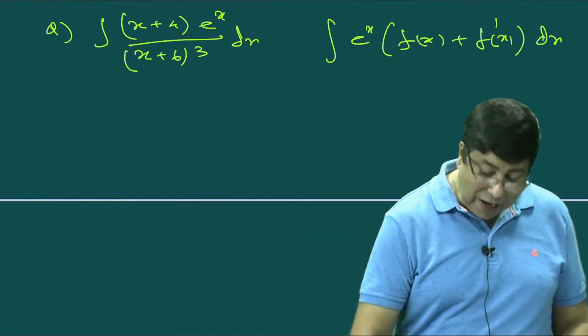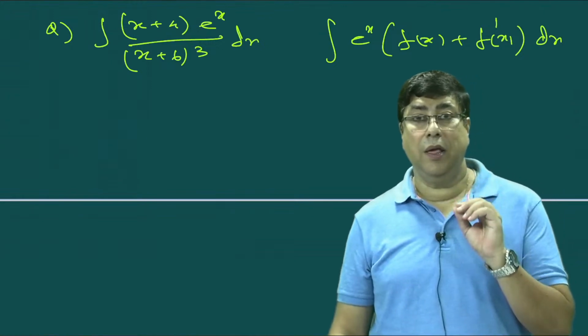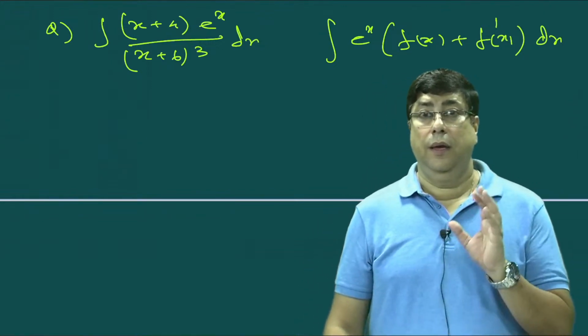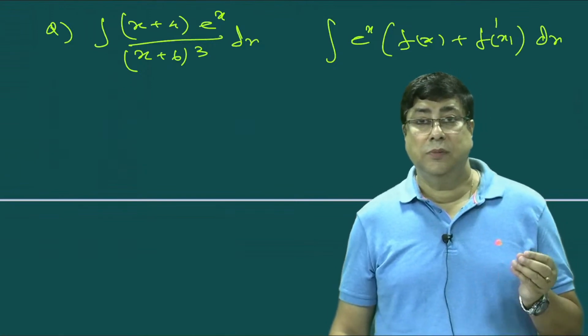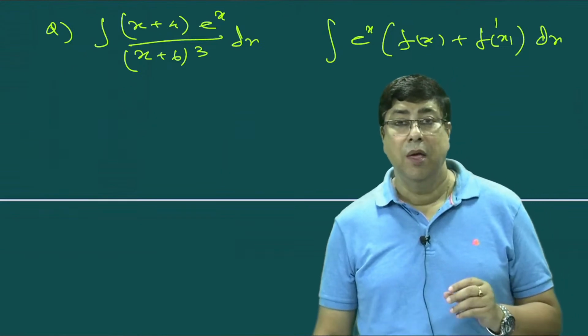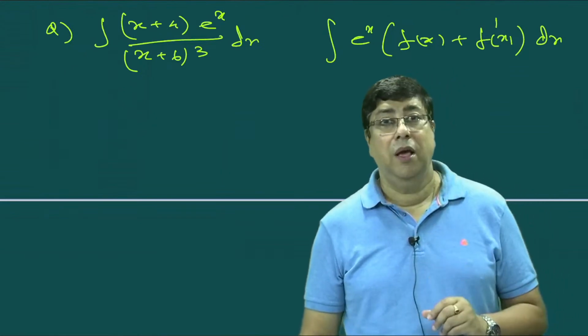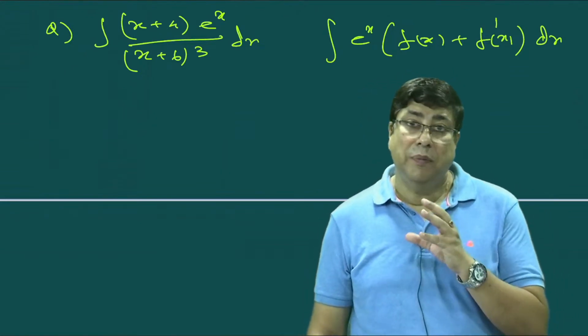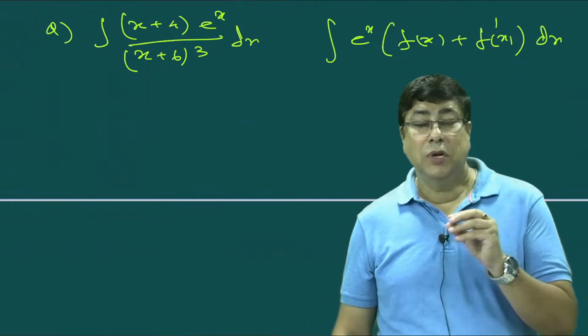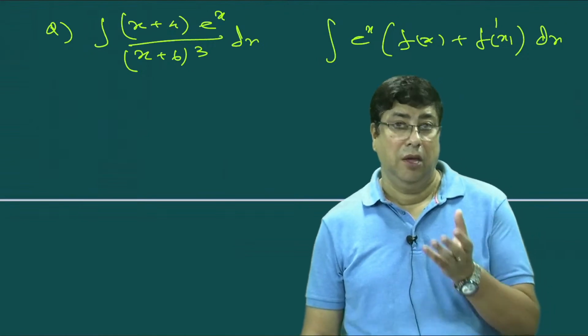You have to search whenever any form of the exponential part is multiplied with any form of the algebraic form. So only this formula will be the way, but you have to identify or manipulate which is the f x and which is the f dash x.